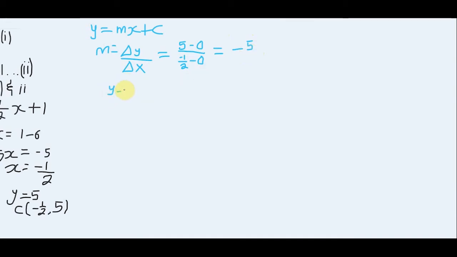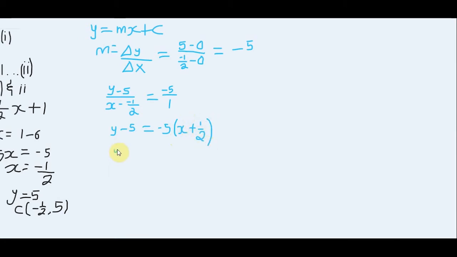Now in the same way of change in y over change in x, we write y minus 5, using 1 point, over x minus negative a half is equal to negative 5 over 1. Cross multiply this equation, we get y minus 5 equivalent to negative 5 into brackets x plus a half.